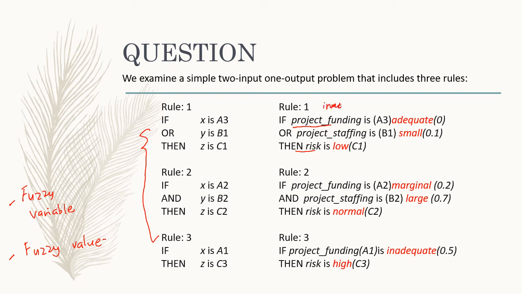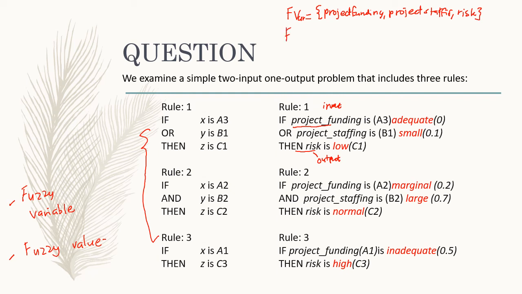Because they are in the antecedent, under the if. And the risk here is the consequence of the rule, so we can say that this is the output. So we have those fuzzy variables: project funding, project staffing, and risk.